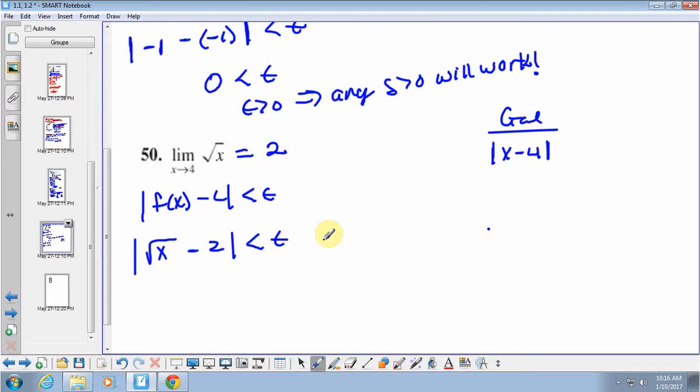You got something else? Almost squaring. Think about it. What did we do when we rationalized a denominator when you had radicals? What did we multiply by? The conjugate. So squaring was very good.